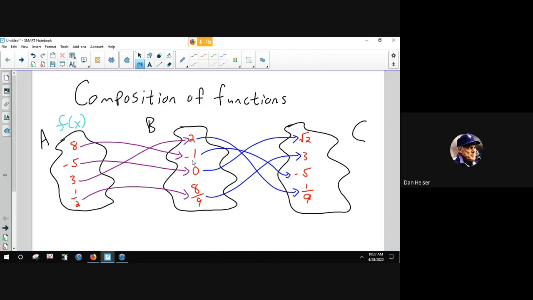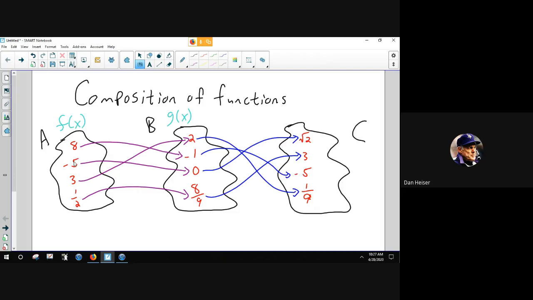But now let's say that set B is g of x. It's a different function. And when we follow the path, 8, f of 8 takes us to -1. We now put -1 into this function, and we get -5.